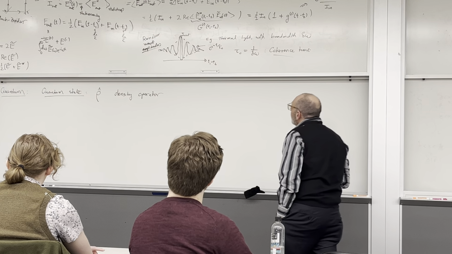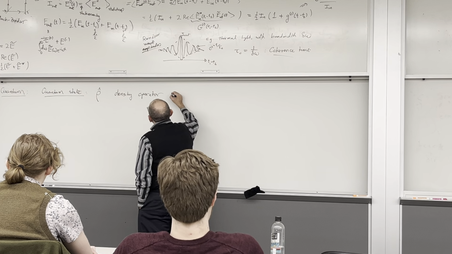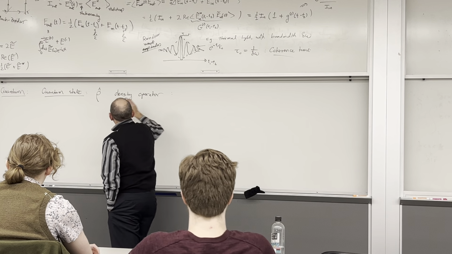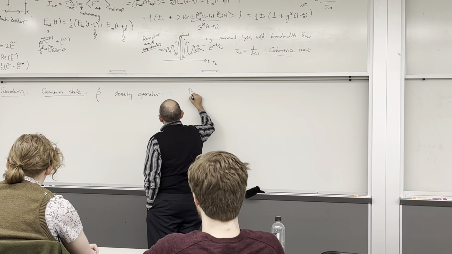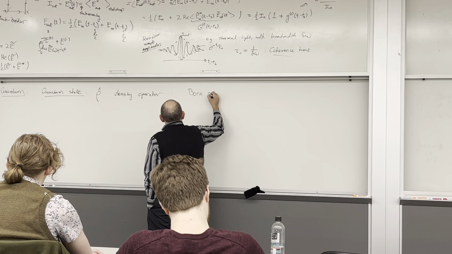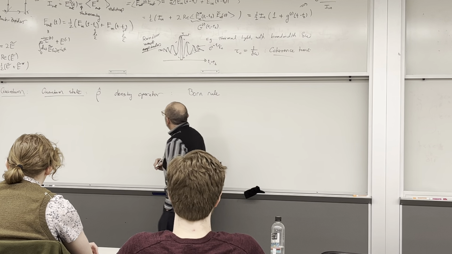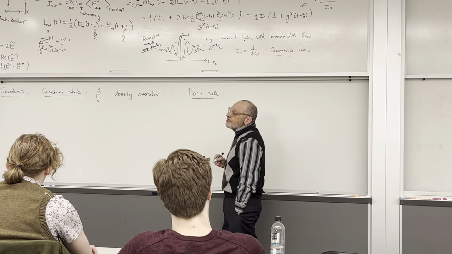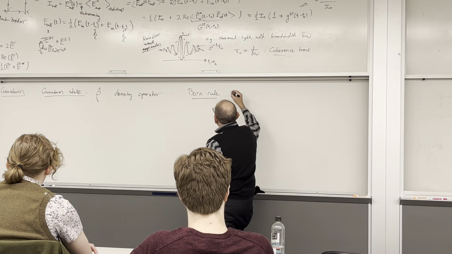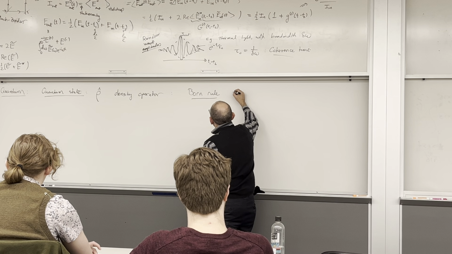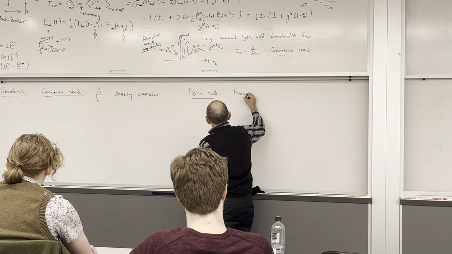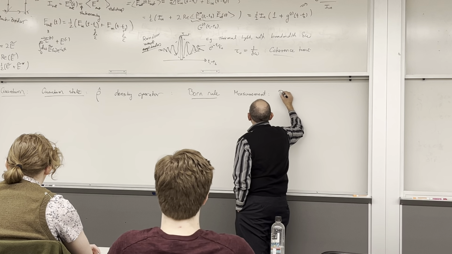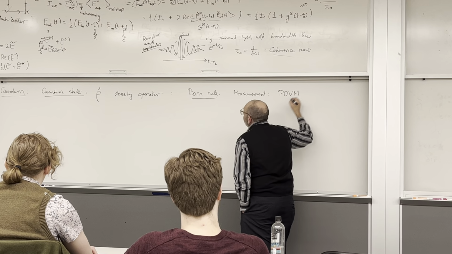And what we have in quantum mechanics is the rule that tells us how to assign a probability to a measurement outcome, which is the Born rule. And the Born rule tells us that if I have a measurement, then the most general measurement is described by a POVM.